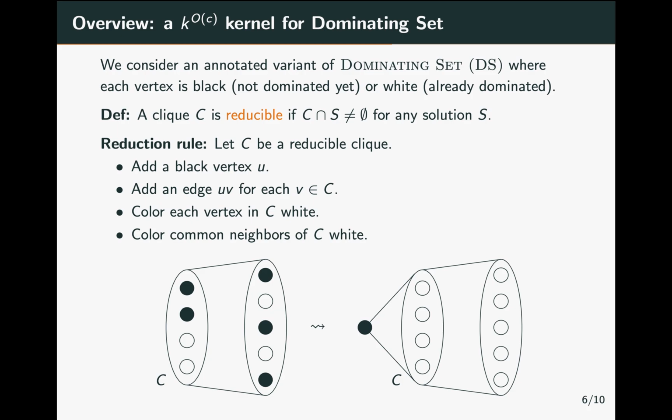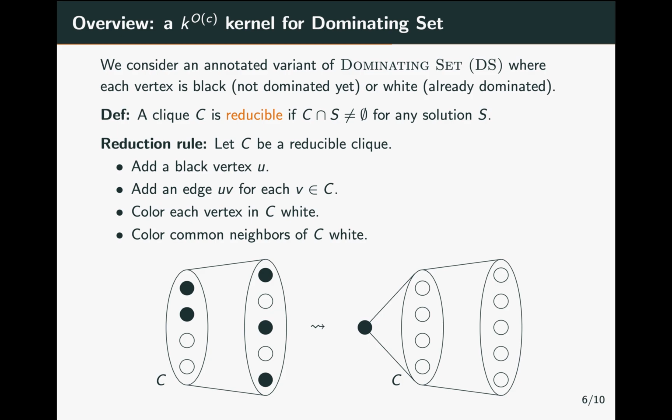It runs in 4 steps. Consider some reducible clique C, then we are going to do 4 things. First of all, we are going to add a new vertex, call it U, so that it's adjacent to every vertex in C. And then we color each vertex in C white, as well as all the common neighbors of C white.